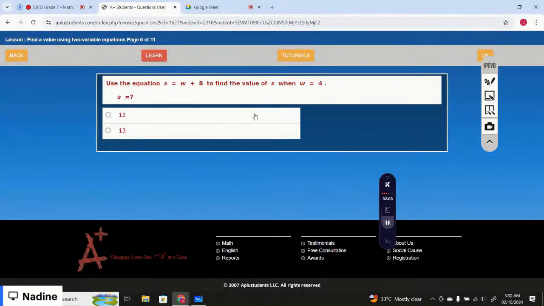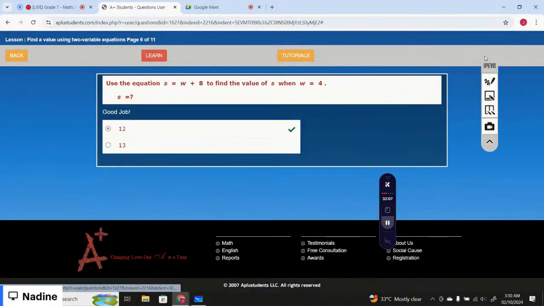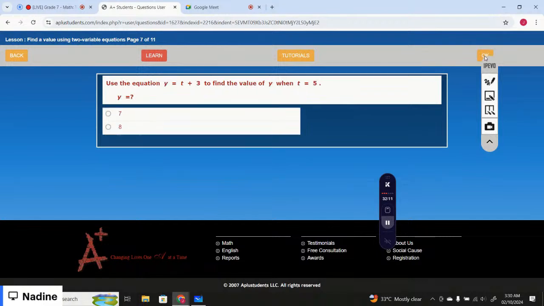Option number 1 is the correct option. Use the equation y equals t plus 3 to find the value of y when t equals 5. So which is the correct option?